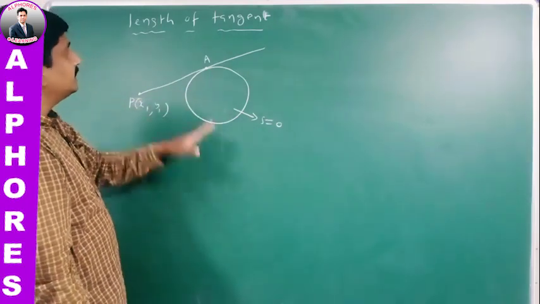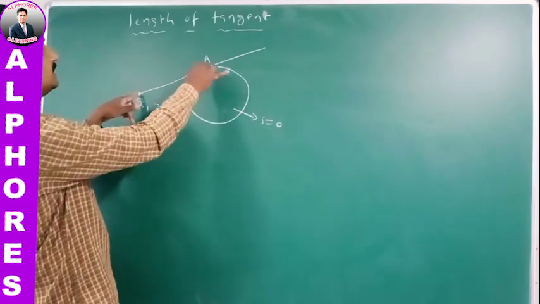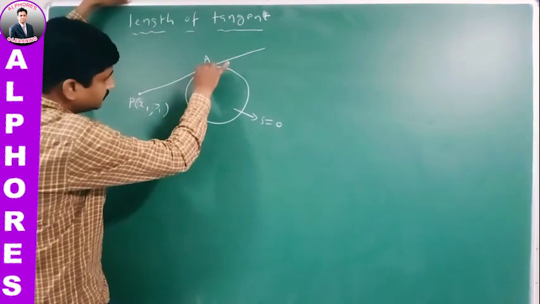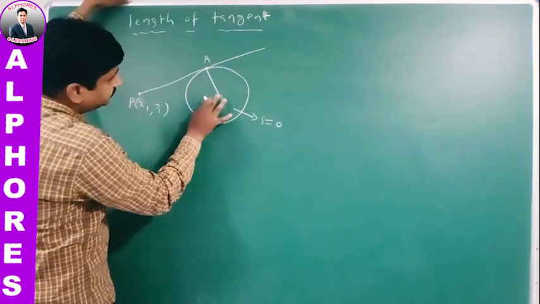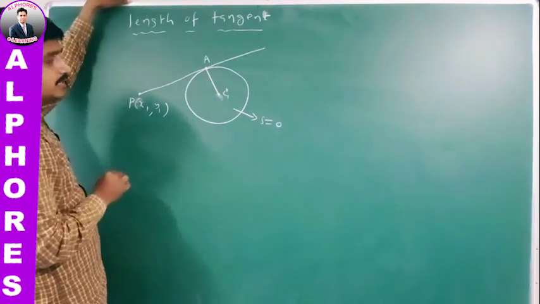How to find the length of the tangent from the point P to the circle S = 0? Here this length is PA. Observe here, C is the center of the circle.